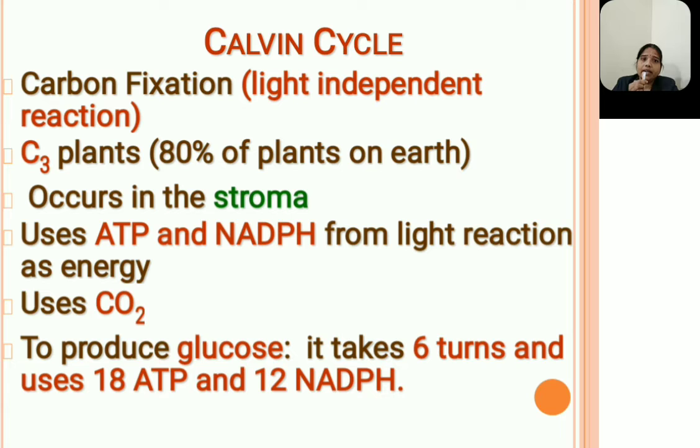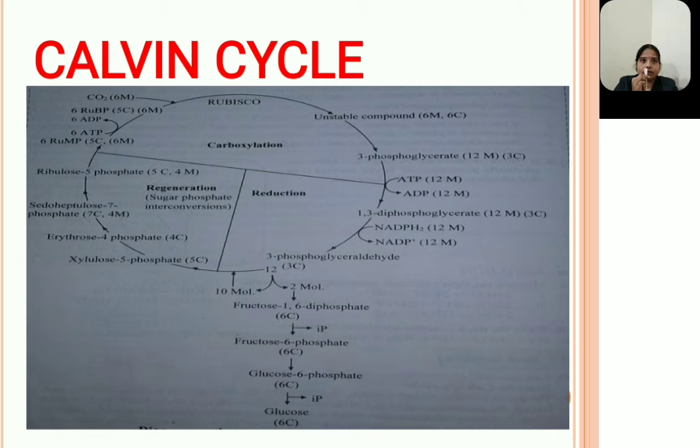So, to produce one glucose molecule, the Calvin cycle takes 6 turns and uses 18 ATP and 12 NADPH. So this is the diagram of the Calvin cycle.